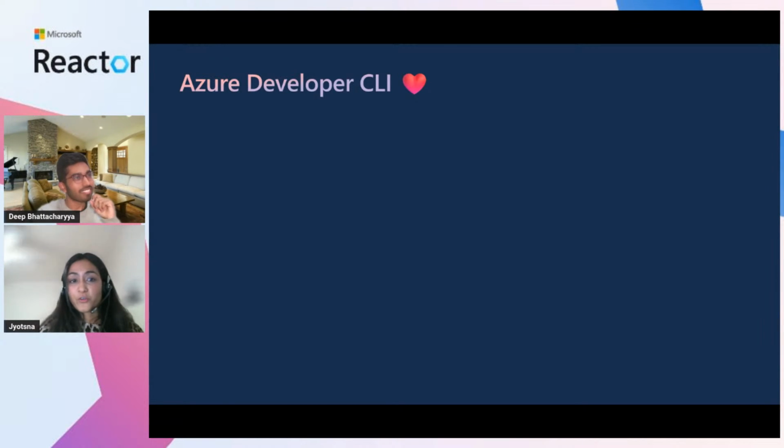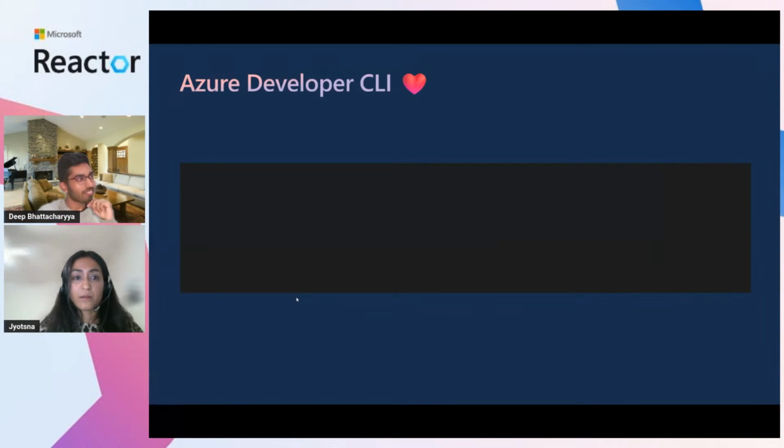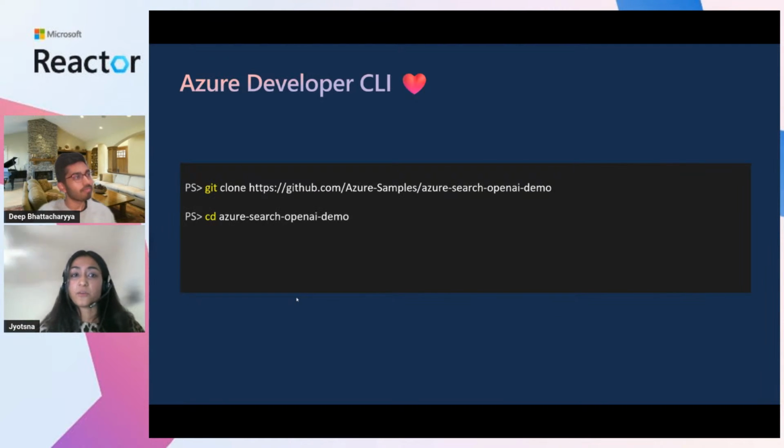But for those of you who haven't, Azure Developer CLI is just one of the many Microsoft tools that offers to turbocharge your software development journey, especially when it comes to rapid prototyping. So with just 4 simple commands, you can kickstart your project.